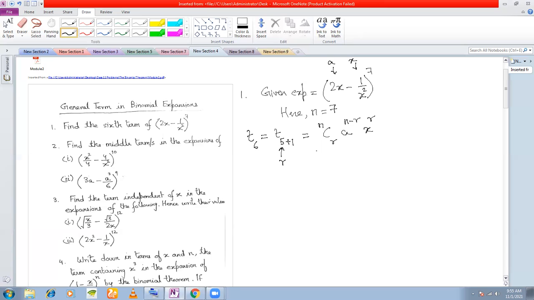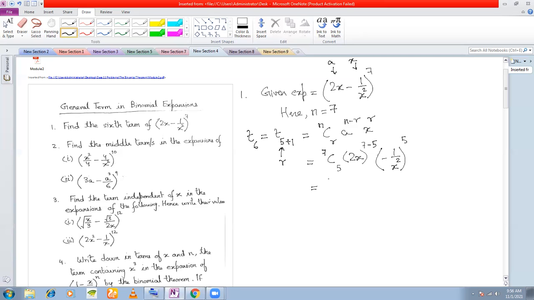I'm writing it for the first time, but after this I won't be writing it. This is the general term, so just put the values here. n is 7, r here is 5, a is 2x to the power of 7 minus 5, and x is minus 1 by x square to the power of 5. So this is just your sixth term. Now we are simply going to simplify this and get the value of the sixth term.